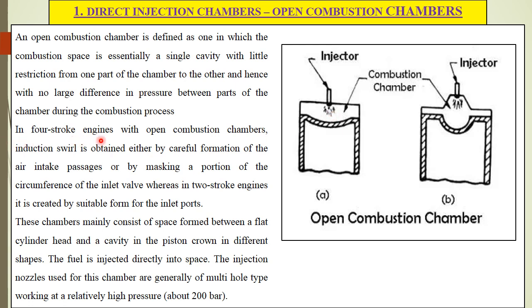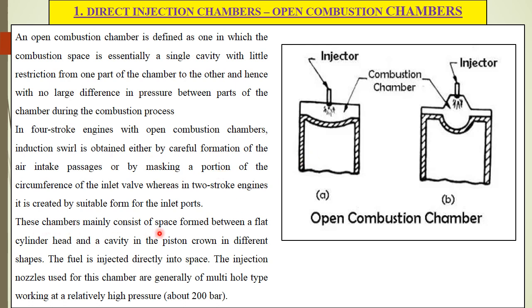In four-stroke engines with open combustion chambers, induction swirl is obtained either by careful formation of the air intake passages, or by masking, or by shrouding, or by giving the proper shape at the inlet passages.